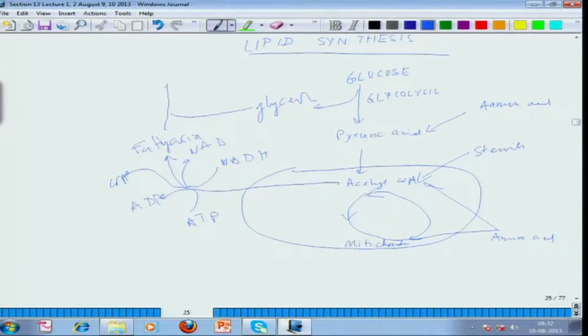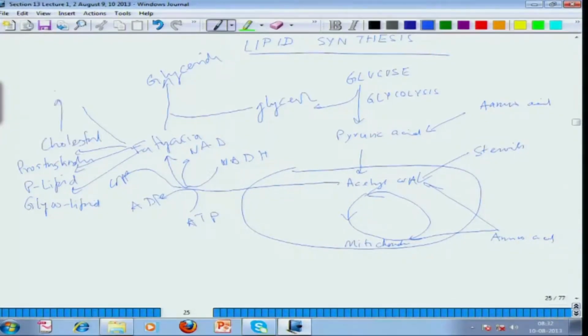Fatty acid, when it combines with glycerol, forms glyceride, and these fatty acids are involved in the formation of several intermediates, which include glycolipid, phospholipid, prostaglandin, and cholesterol.